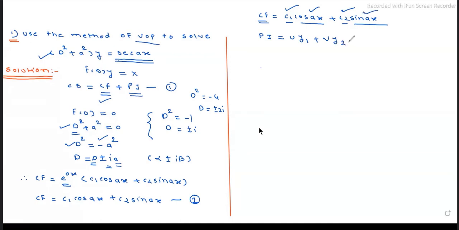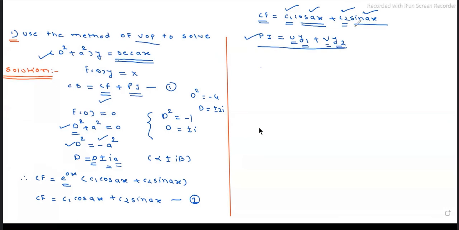Are you getting this? What is our PI? Always keep this standard form in mind. In the variation of parameter method, we always write down PI as U into Y1 plus V into Y2. What is U? C1 is U. What is Y1? Cos AX. What is V?